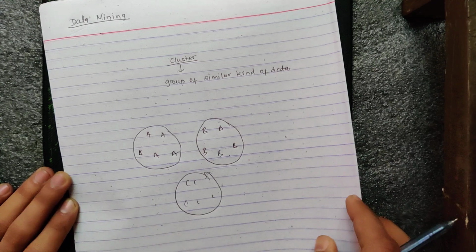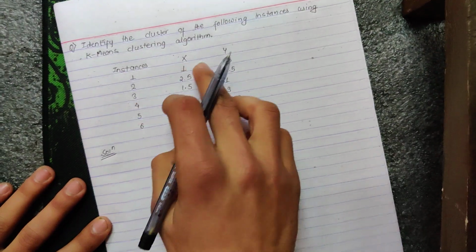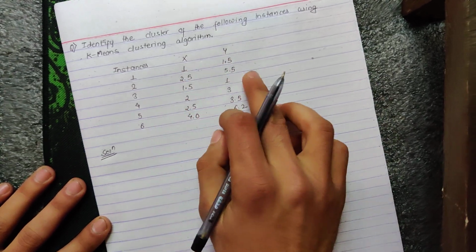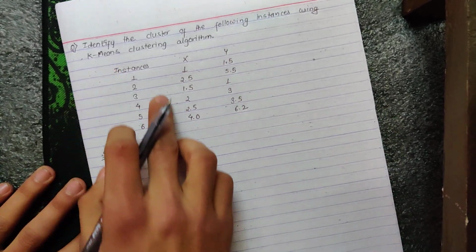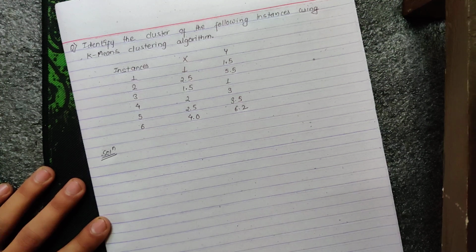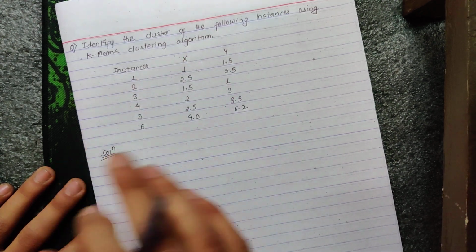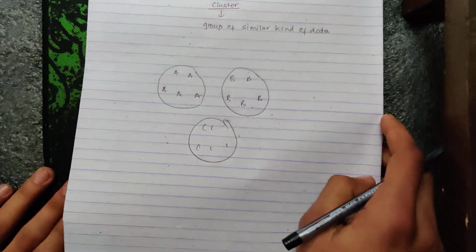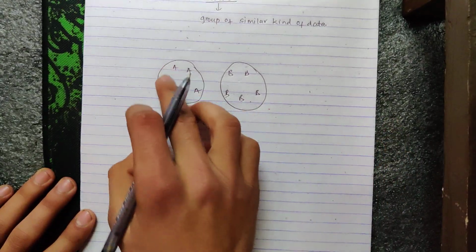So in this problem we need to find clusters for these random datas: 1 comma 1.5, 2.5 comma 5.5, and so on. We have 6 random datas and we need to create clusters of them. We need to find the centroid of these different clusters.